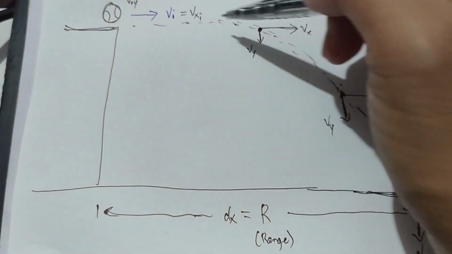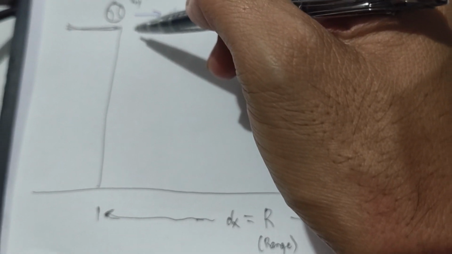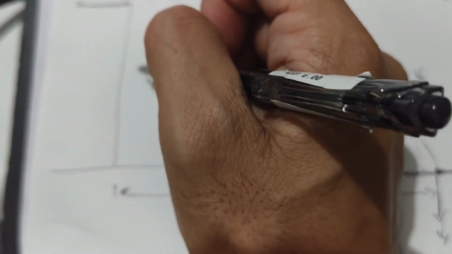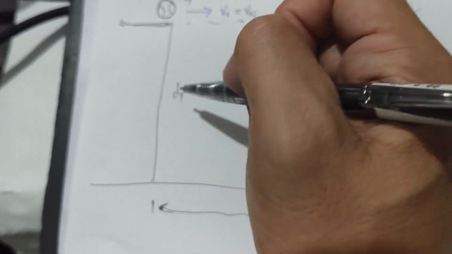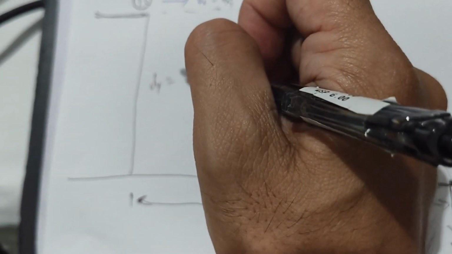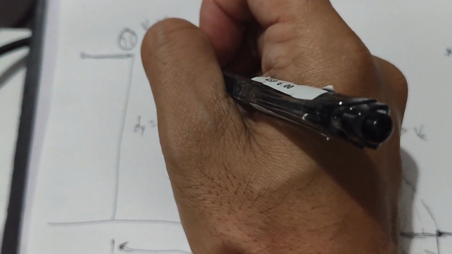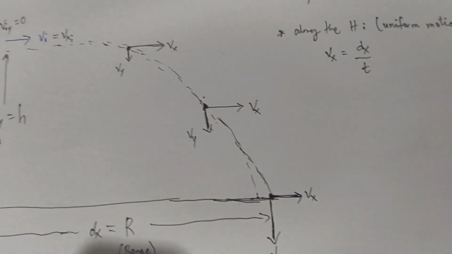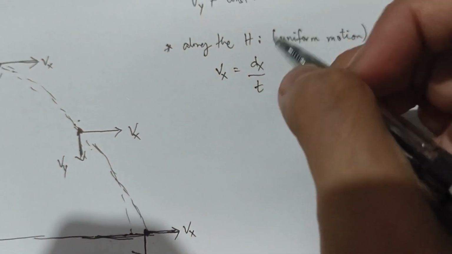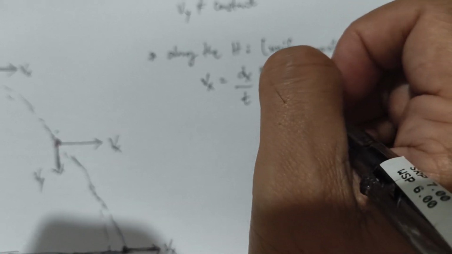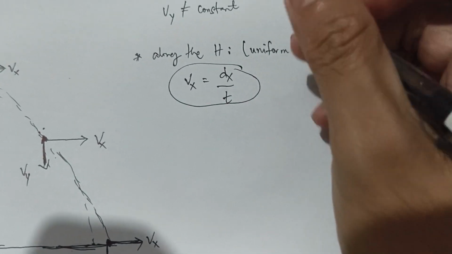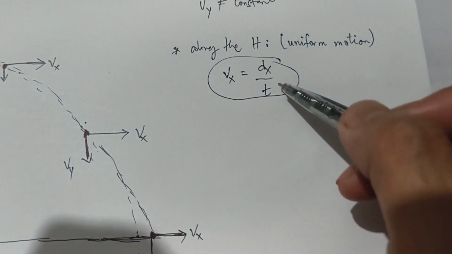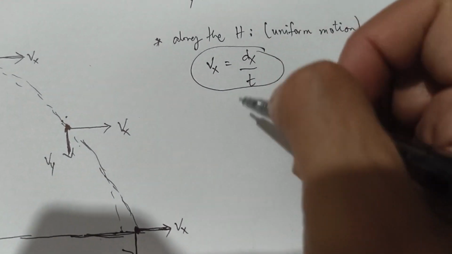Similarly, of course, the object or the ball moves vertically, or it covers a vertical distance, which we call as dy, or simply height, the height. Okay, so this is one formula if you are solving for the horizontal component. But if it's already given, no need to solve for the horizontal component.